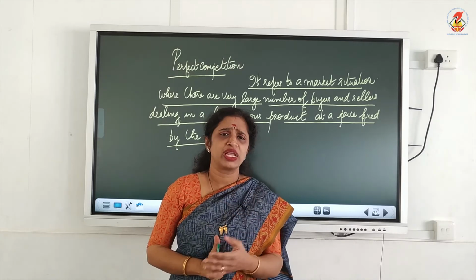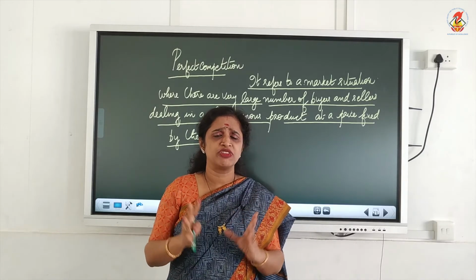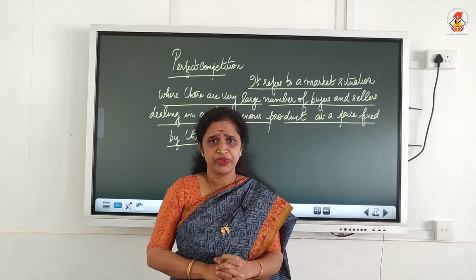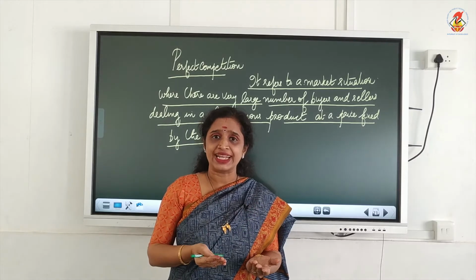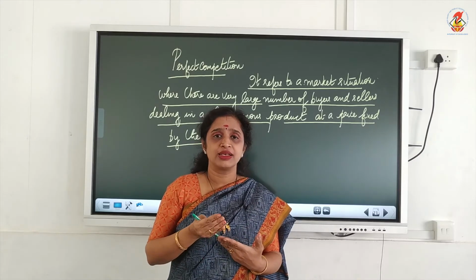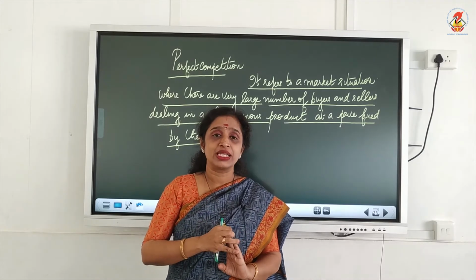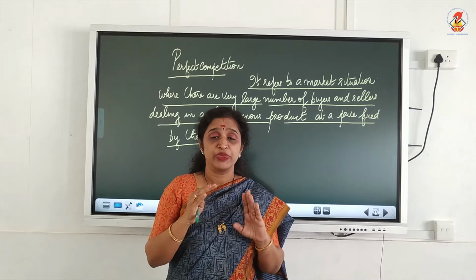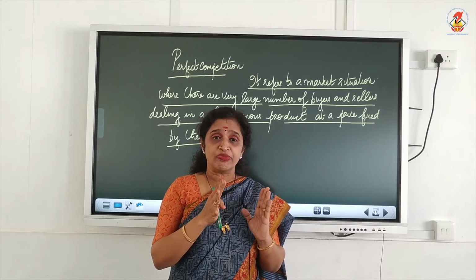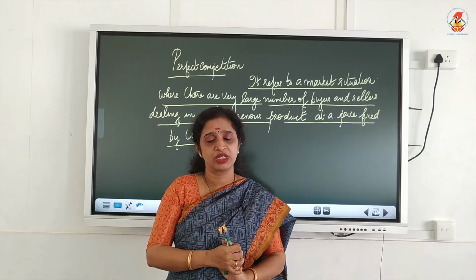I can just give you an example. A particular product which is produced by an industry is being supplied to the retailers. When these retailers sell it to the consumers, all the retailers will be selling it at the same price because the MRP is already there on the packet of that product.